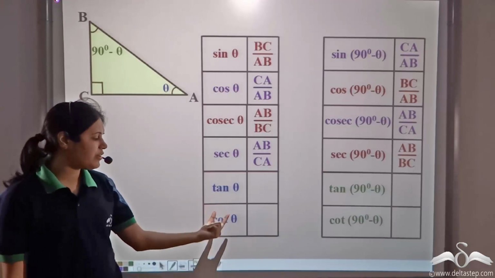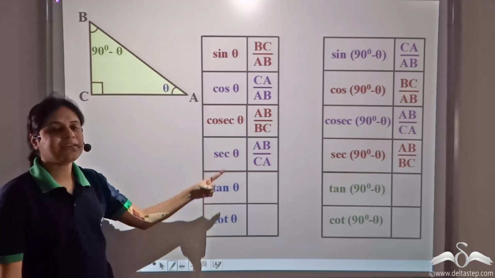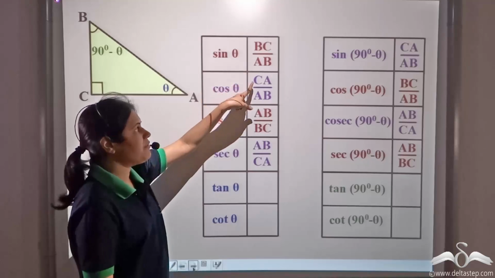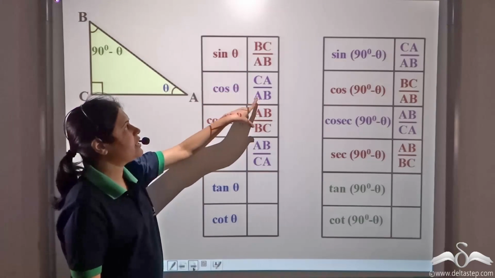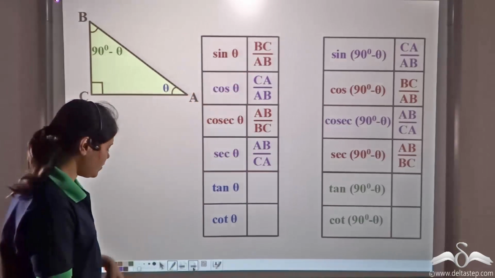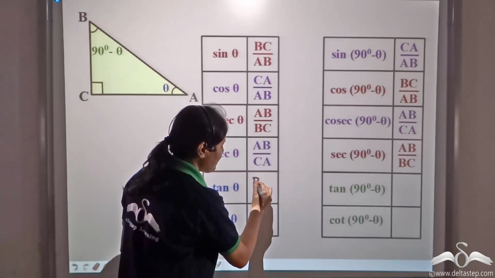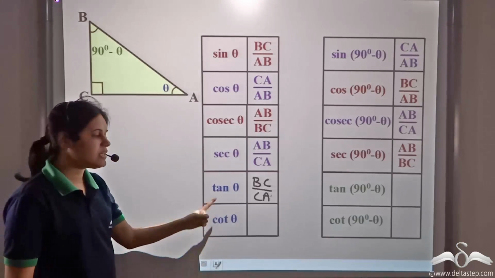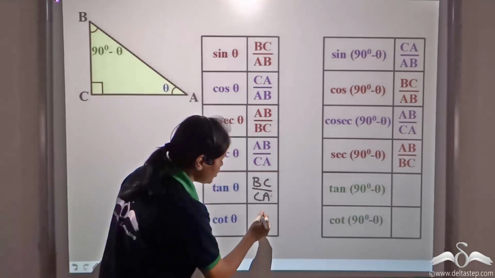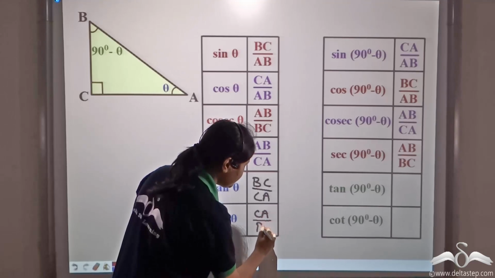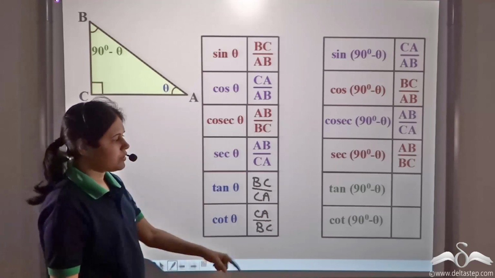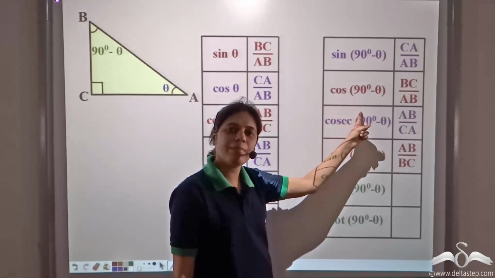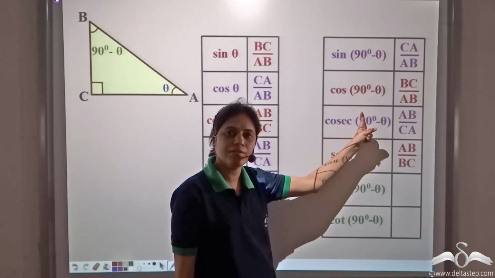Now let us find the value of tan theta and cot theta. Tan theta is sin theta divided by cos theta. So BC by AB divided by CA by AB, it gives us BC by CA. So tan theta is BC by CA. Cot theta is the reciprocal of tan theta. So it is CA by BC. Now tan of 90 degree minus theta is the ratio of sin 90 degree minus theta and cos 90 degree minus theta.